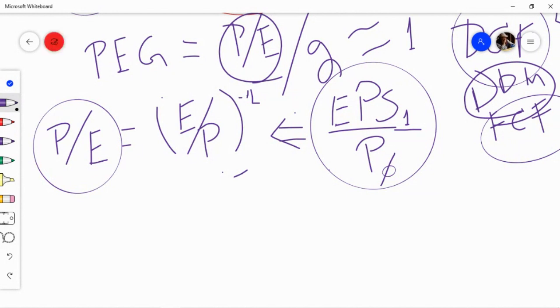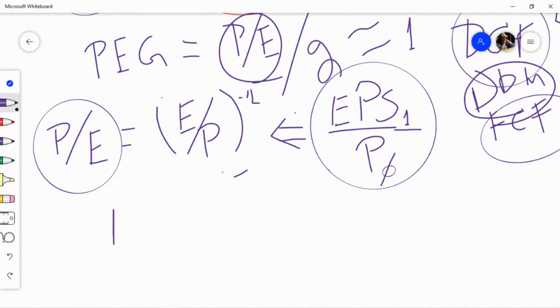But the question is, how do they value the stock prior to the 1950s? What they did was, think about it.